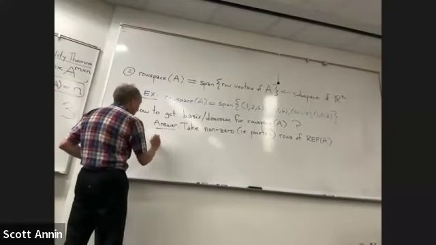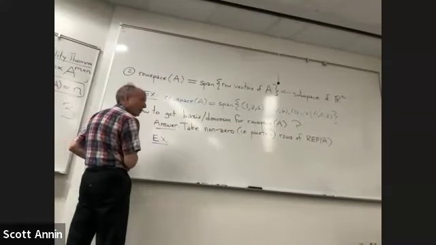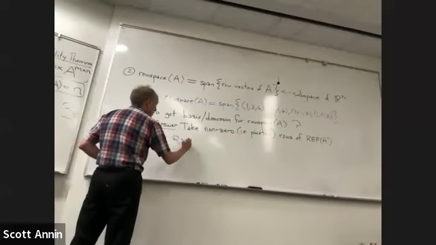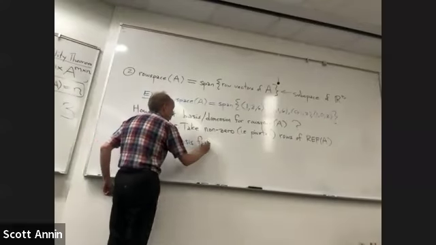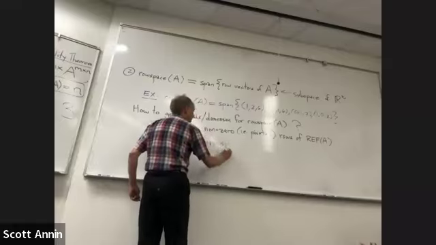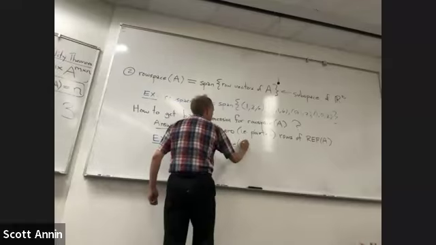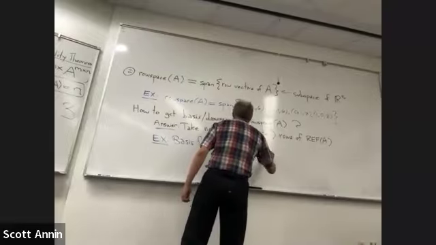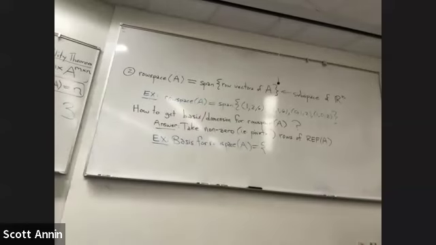So again, going back to our example, the basis for the row space of our example would be just the non-zero rows of this row echelon form. That's just these first 2 rows.